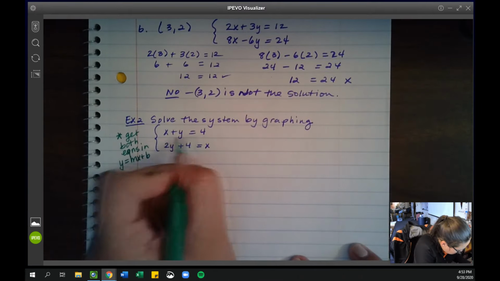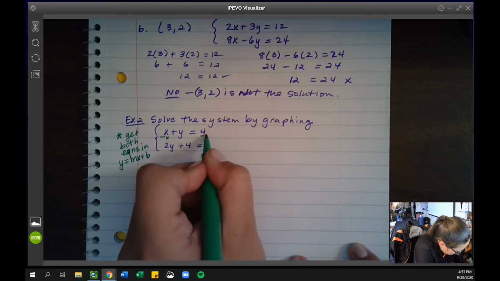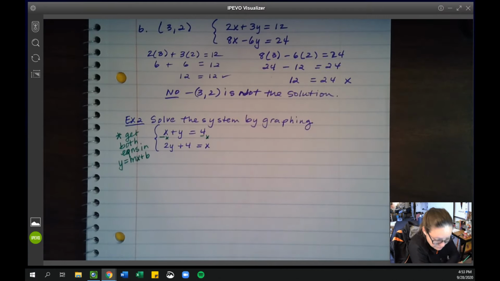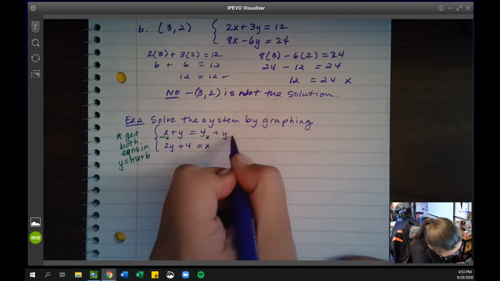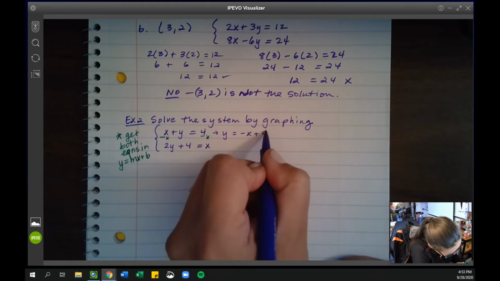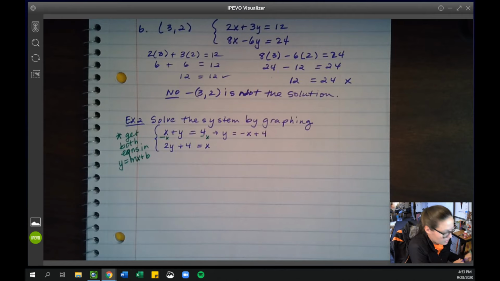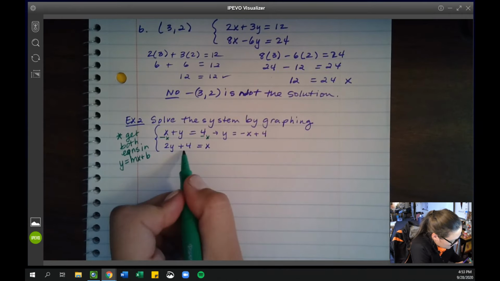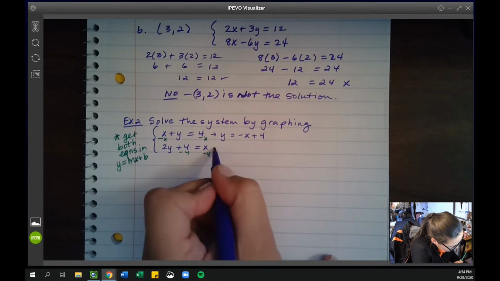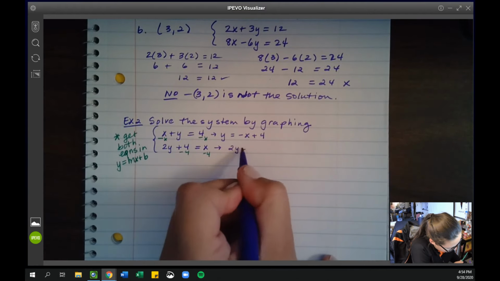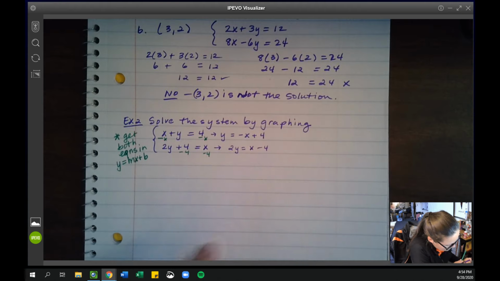So up here, I'm going to subtract x from both sides, which gives me y equals negative x plus 4. And then here, I'm going to subtract 4 from both sides, which gives me 2y equals x minus 4.